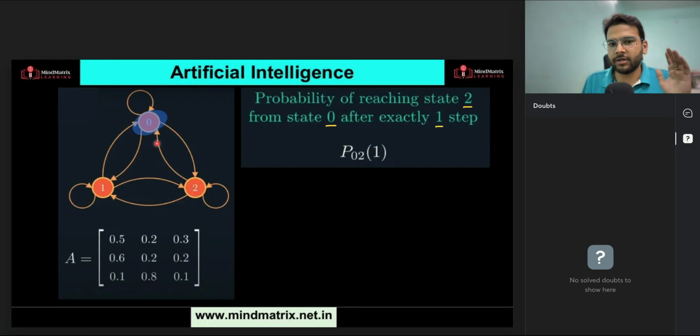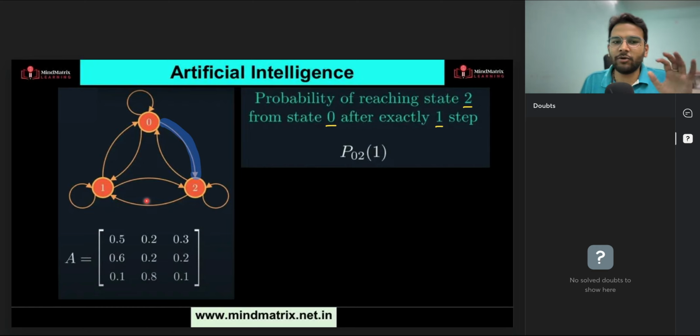I can represent it like this: P of reaching state 2 from state 0 in exactly one step. So carefully see this: from 0 to 2, right? Can I say this is the only path? I mean, in just one step, this is the only way. You will say yes.